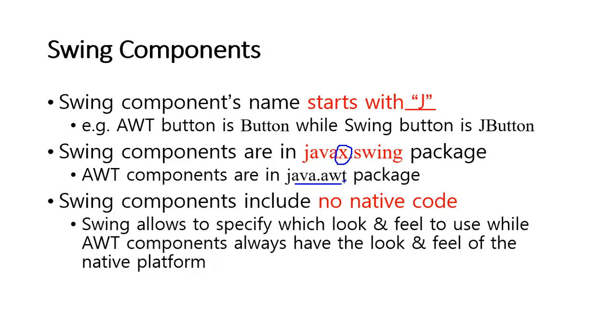Okay, the next one is, because the Swing components are not dependent on the operating system or the platform, they don't include native code. For the same reason, we say that they are lightweight components.